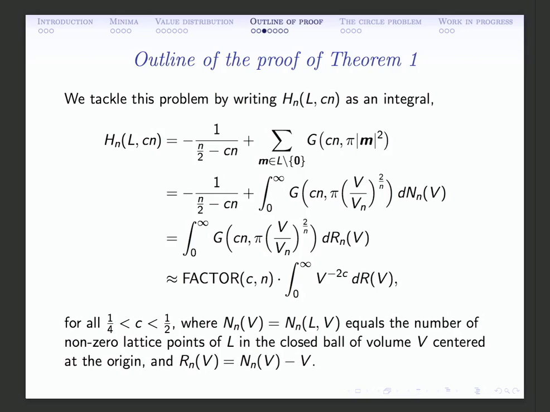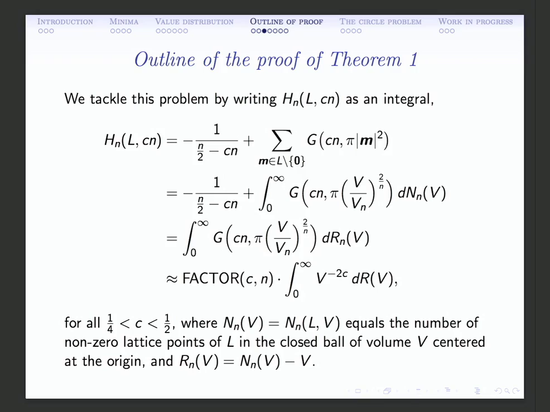So Hn is this difference of a sum and another term. And what you can do is that you write the sum as a Stieltjes integral, as an integral of the incomplete gamma function against a counting function, where you count the number of non-zero lattice points in a ball of volume V. So far, it's maybe not so strange.